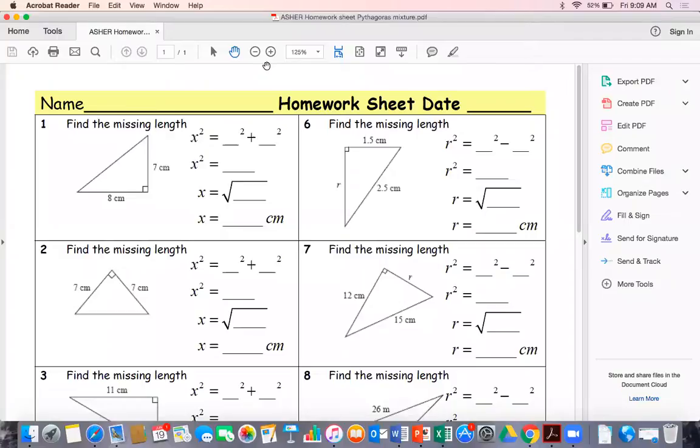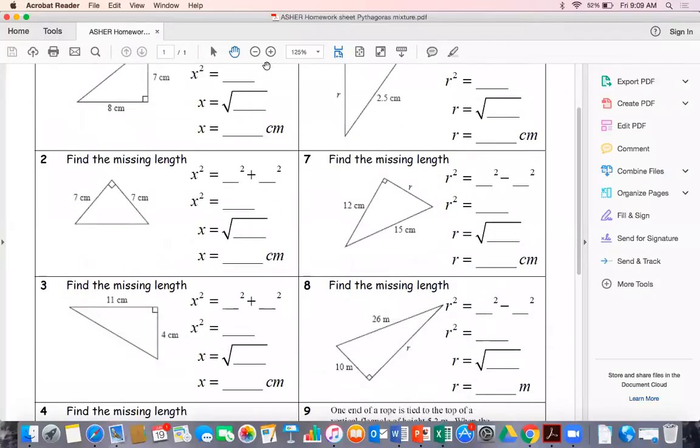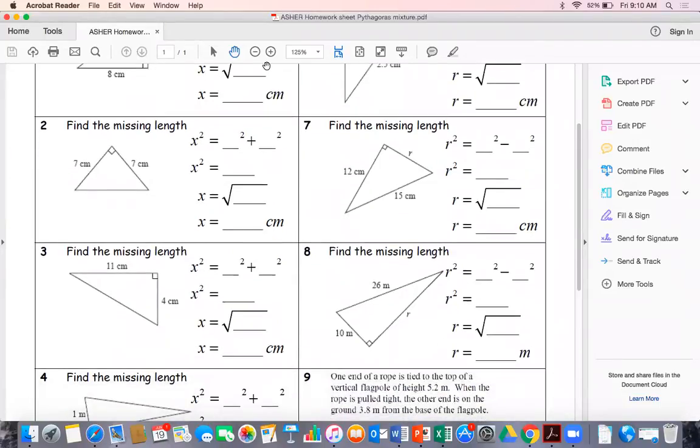Okay. Number 2, Isabel. 7 squared plus 7 squared equals 98. And then the square root of 98 is 9.9. 9.90. Okay.